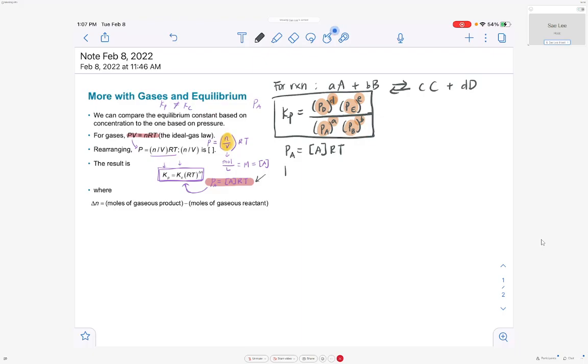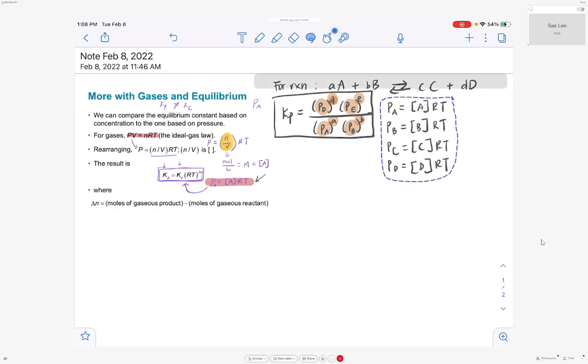That means this equation applies to other compounds as well, so the partial pressure of B is equal to the concentration of B times RT.